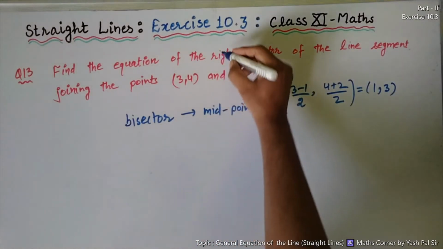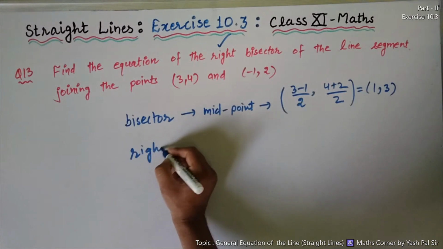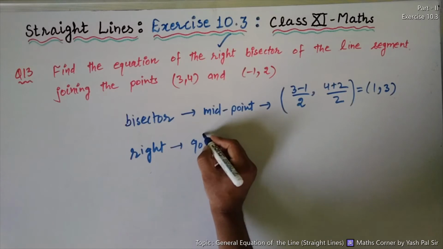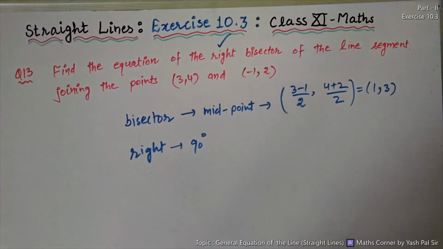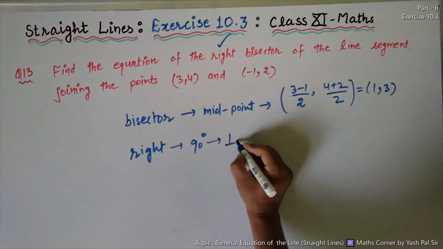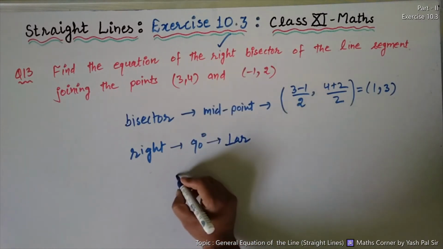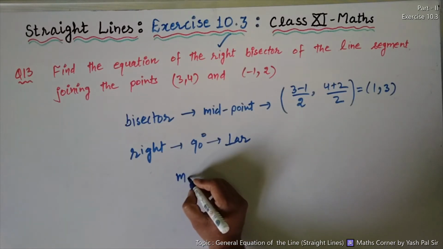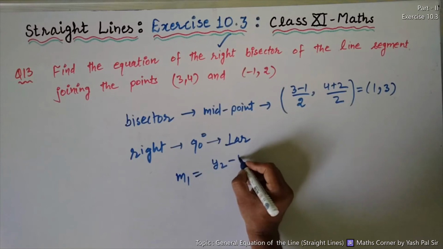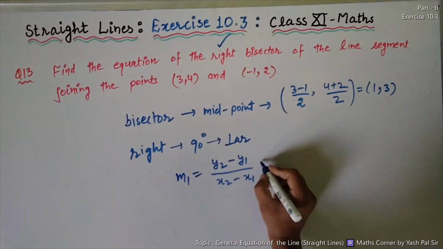Now also the word right is there. Right means 90 degree angle, right? So perpendicular. So first of all, m1 is equal to y2 minus y1 upon x2 minus x1.